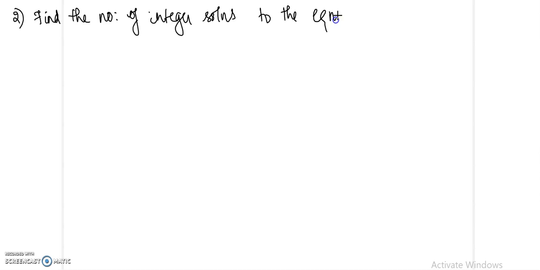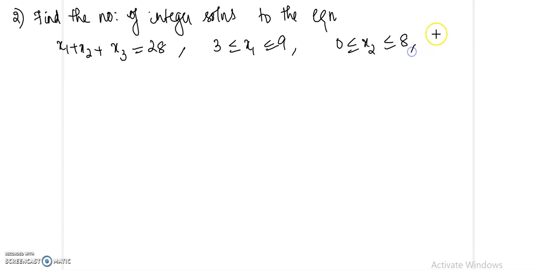So the question is: find the number of integer solutions to the equation x1 plus x2 plus x3 equal to 28, where 3 less than or equal to x1 less than or equal to 9, 0 less than or equal to x2 less than or equal to 8, and 7 less than or equal to x3 less than or equal to 70.